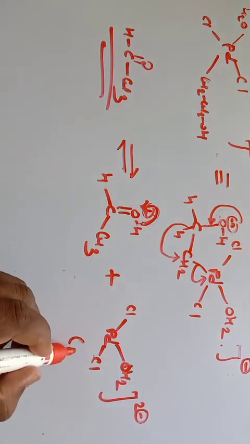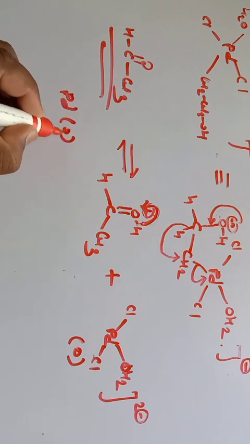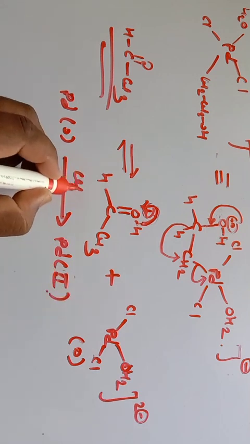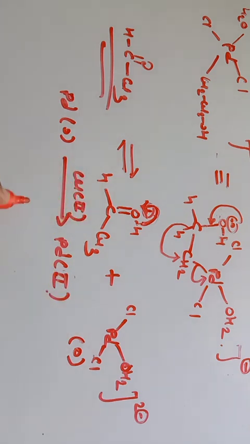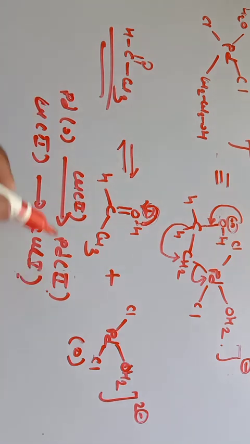And to convert this Pd(0) again into Pd(II), the conversion of Pd(0) to Pd(II) is carried out with the help of copper(II) as a catalyst. So when there is a conversion of Pd(0) to Pd(II) with the help of copper(II), copper(II) is reduced to copper(I), and we get our product, that is aldehyde.